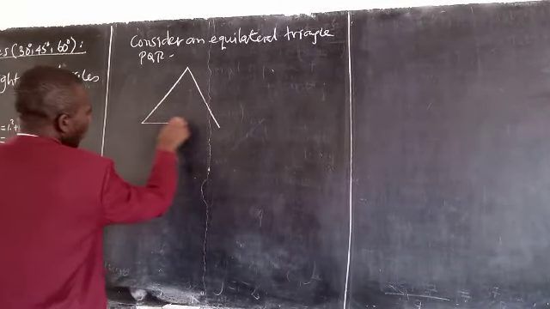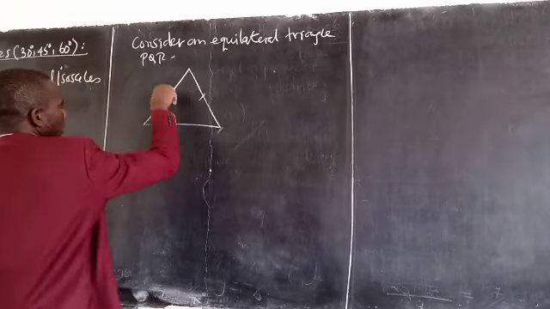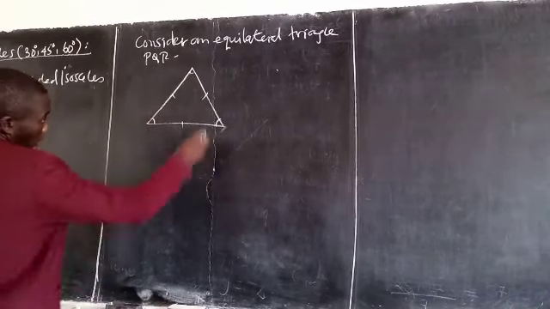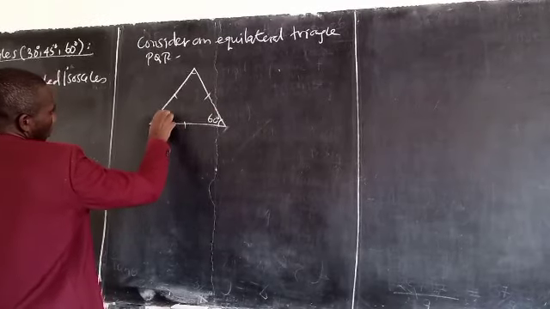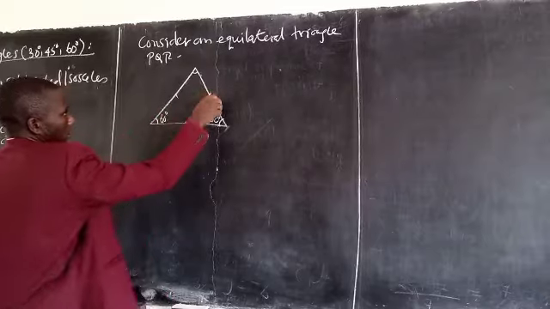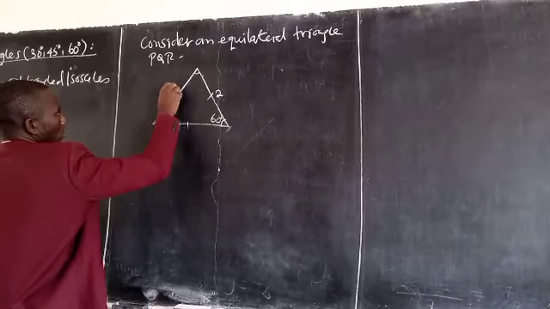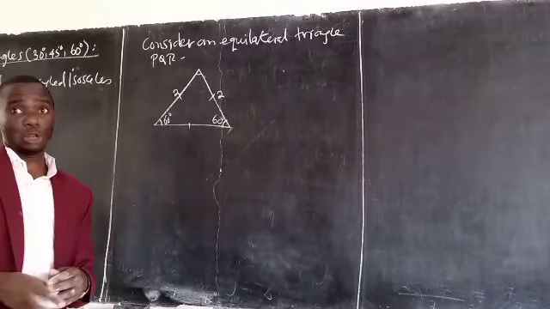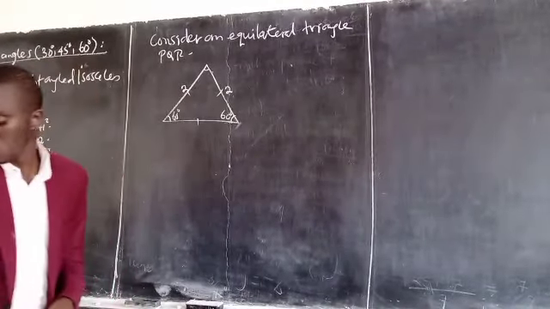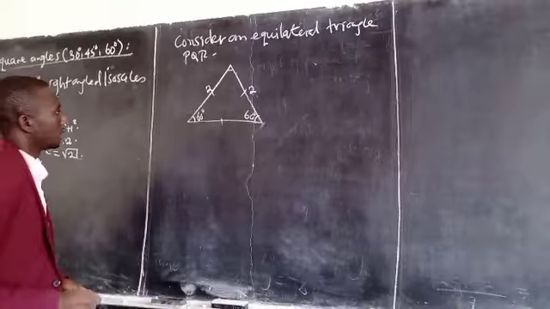Equilateral from the word equal, meaning this side is equal to that, is equal to that, and this angle is equal to this, is equal to that. Meaning this is 60 degrees. This length is 2. This one is also 2. I'm just choosing any length. You can call it X, you can call it P, but finally we shall come out with the same answer.